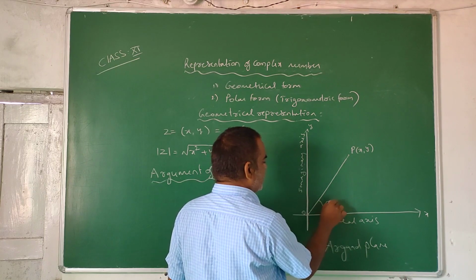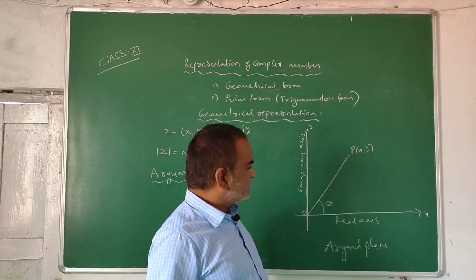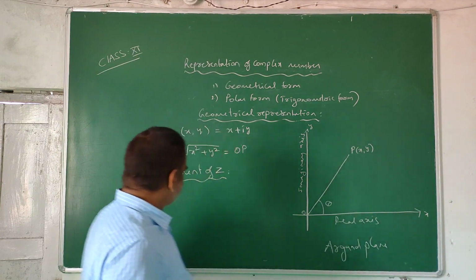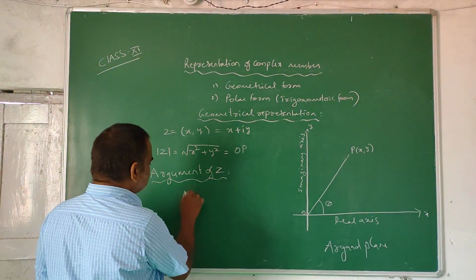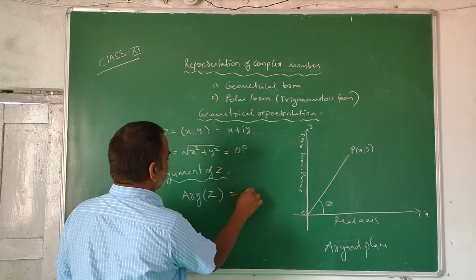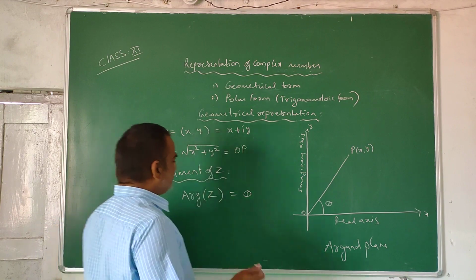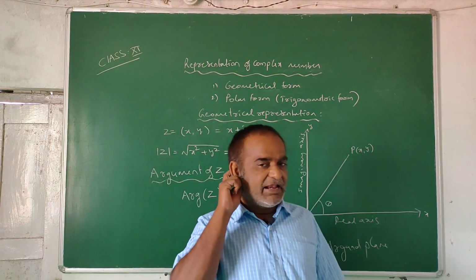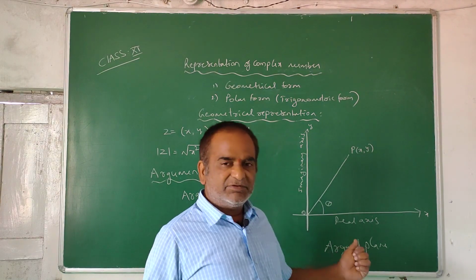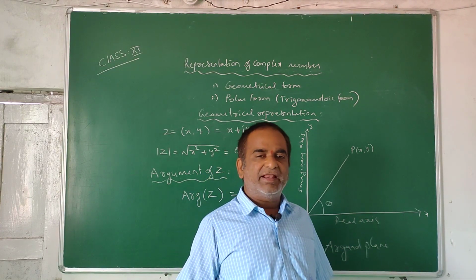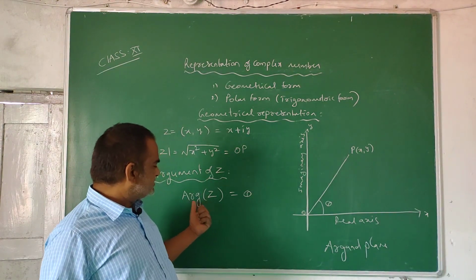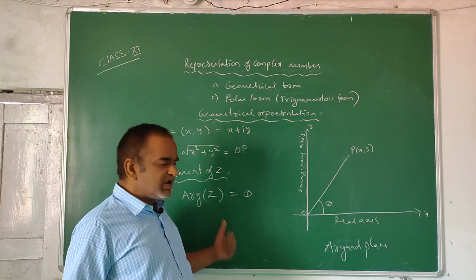Suppose this is theta. Theta is known as argument of the complex number z, so it is denoted by arg z. Argument means the angle made by the ray OP with positive x-axis in the positive direction is known as argument of z, and it is denoted by arg z. Understood?